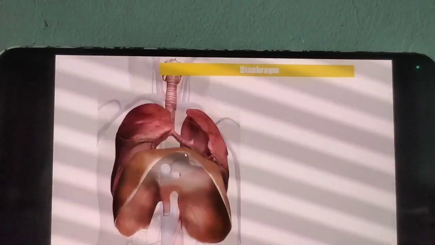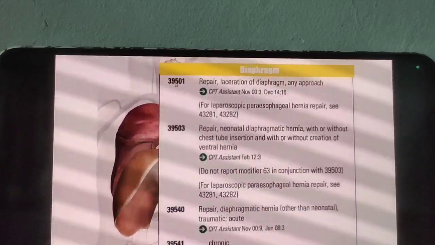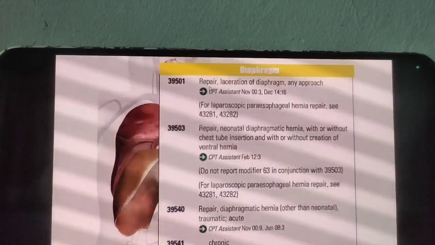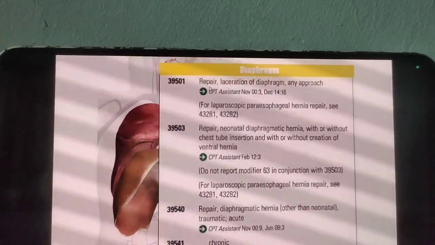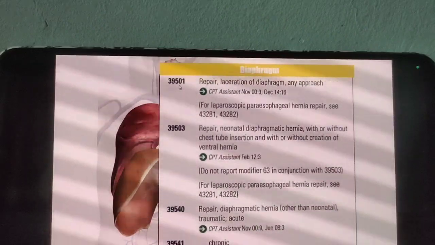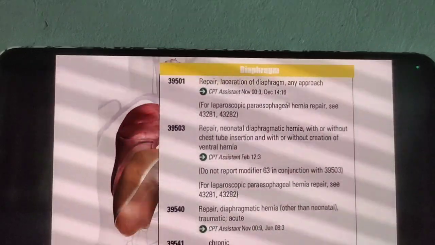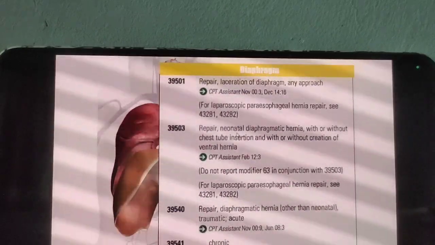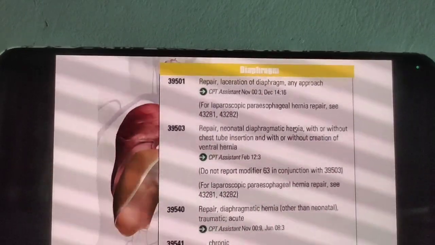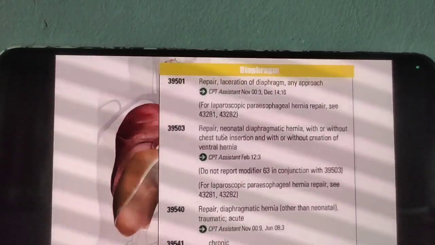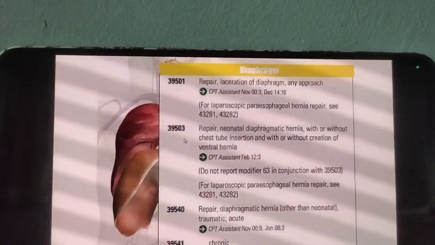That's it. So chapter, the next: laceration of diaphragm. Doctor makes a suture. Repair means suture. Doctor makes a suture for laceration 501. Then 503 for treatment of diaphragmatic hernia, for neonatal.